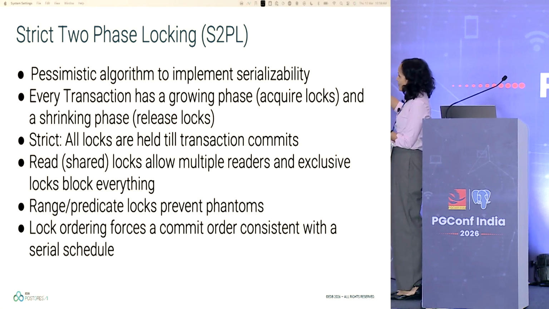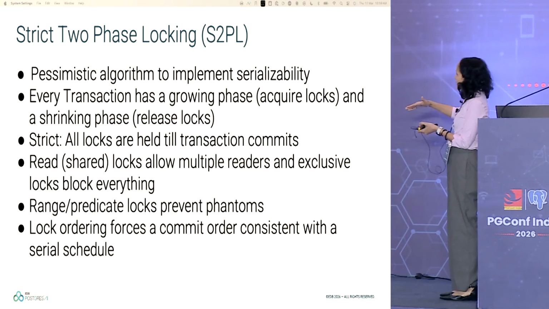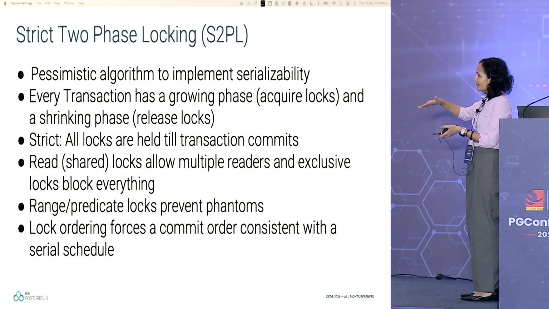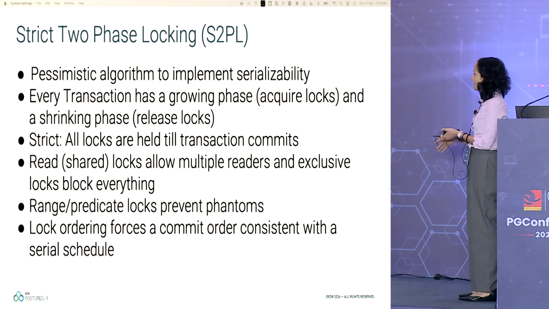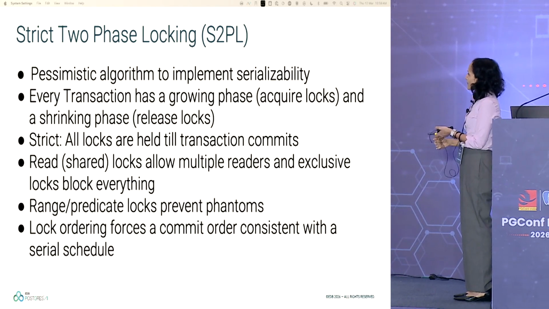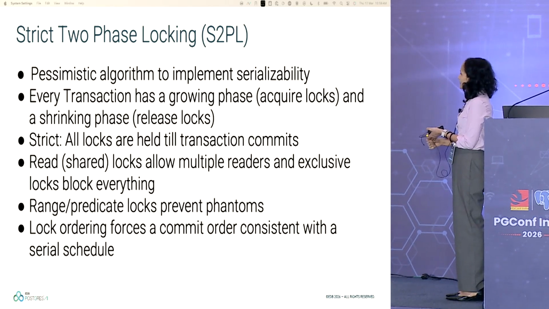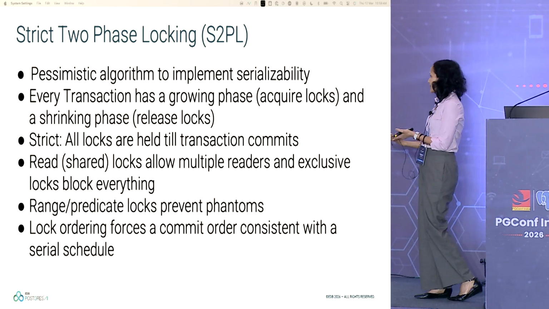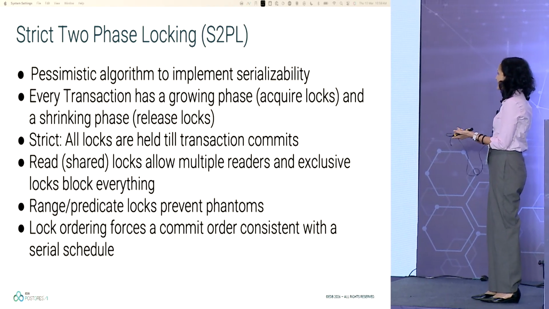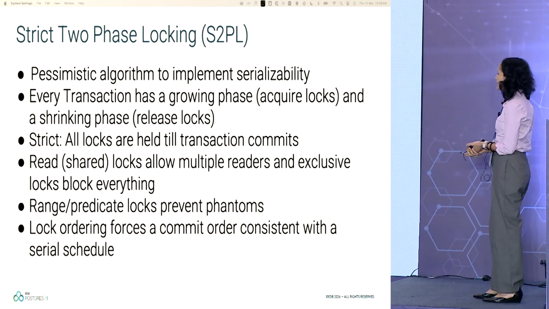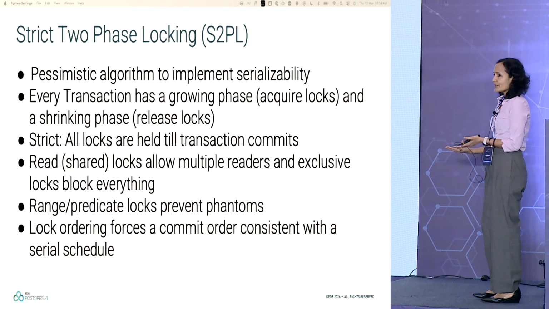Every transaction has a growing phase where it acquires locks, and a shrinking phase where it releases locks, which is typically just at transaction commit. All locks are held till the transaction commits, and you have read locks which allow multiple readers, and exclusive locks which block everything. And there are range and predicate locks.